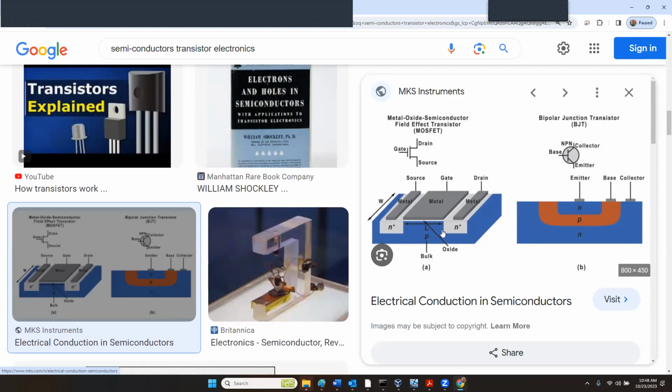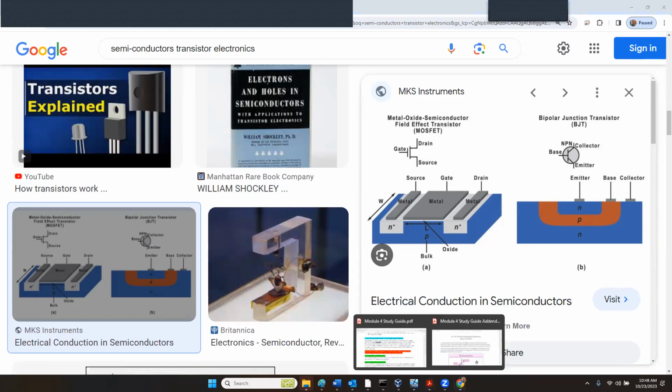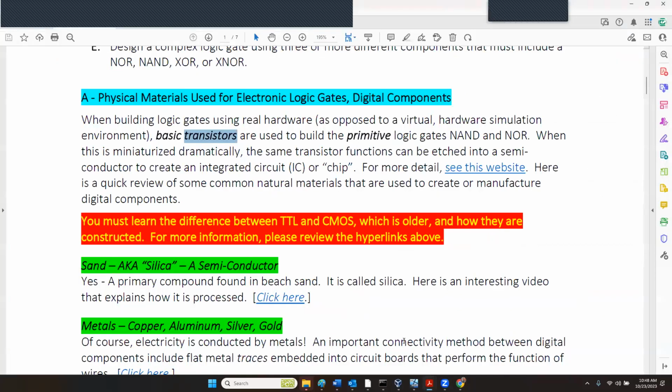So it is this setup with materials that differ in terms of how they work with electrons that allow the transistor to switch on and switch off how the electricity flows, right? Any questions about what we've shared to this point?